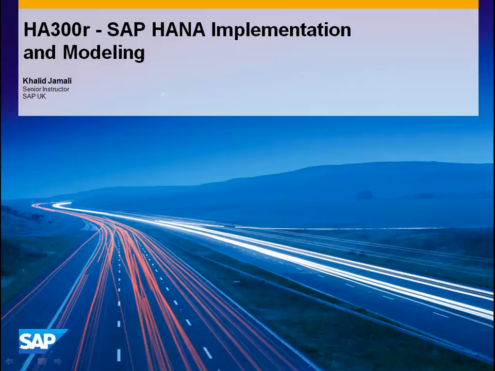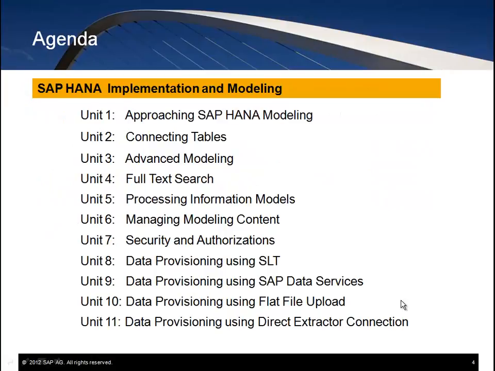Let's look at the units which are covered in this course. We have 11 units altogether, starting with the first unit, which is Approaching SAP HANA Modeling. So this is where we look at the best practices.